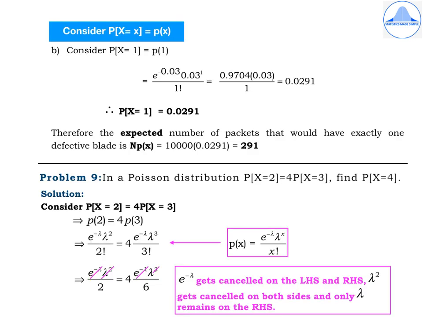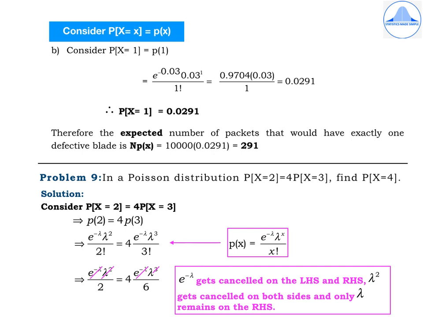In the second subdivision, we need to find out how many packets will have exactly one defective. So first, we need to find out probability of capital X equal to 1, which is small p of 1. Now in the p.m.f, wherever you have x, replace it by 1. So you'll get e to the power minus 0.03, 0.03 to the power 1 divided by 1 factorial.